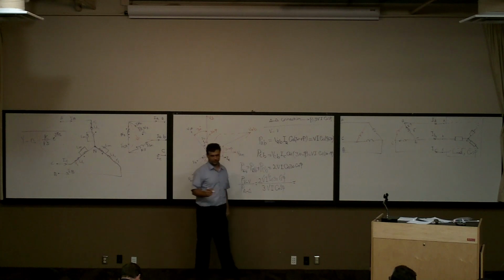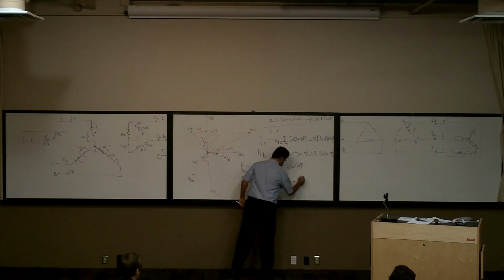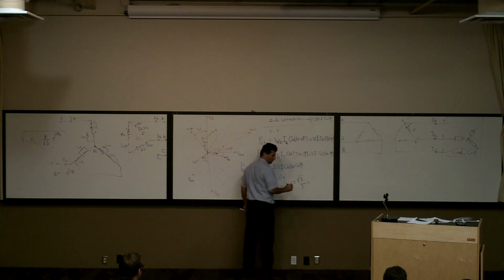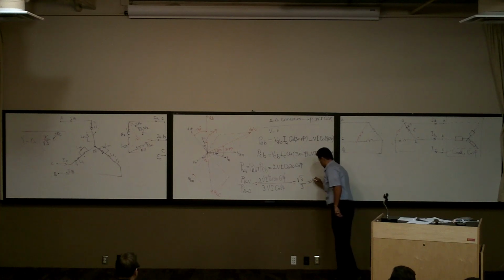Cosine 30 is the square root of 3 over 2, I believe, right? So this one is about 58%. In decimal, I believe it's either 0.57 or 0.58.